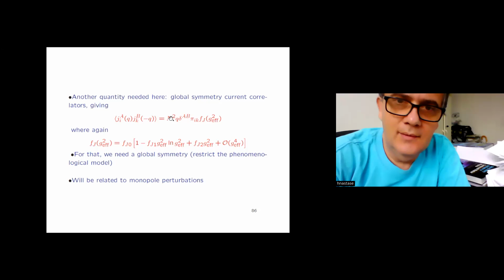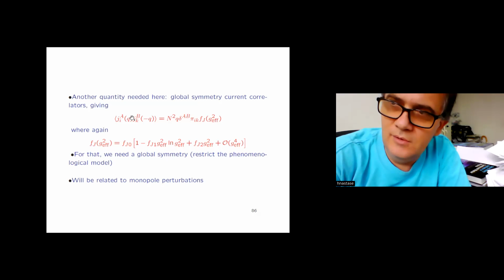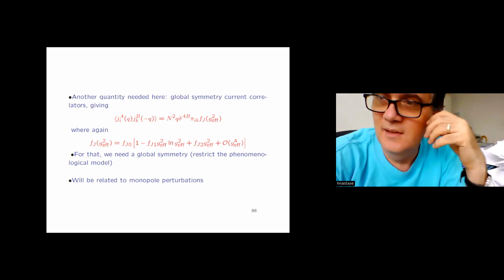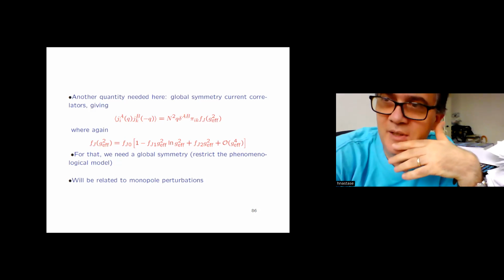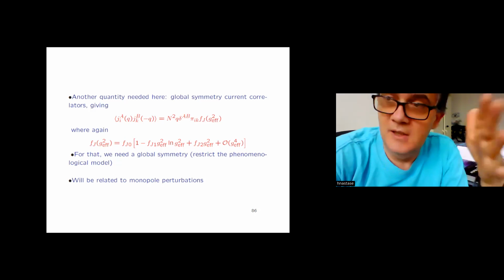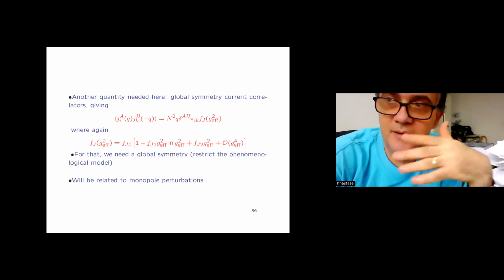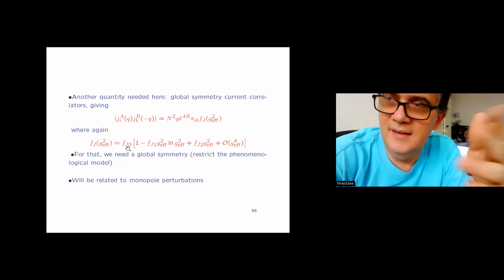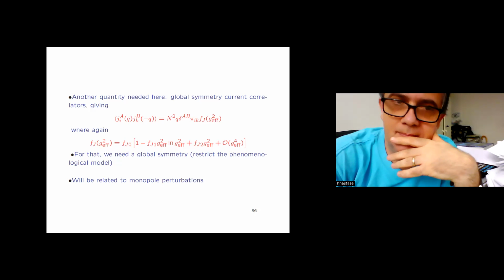But I said global symmetry currents, and the action I took was phenomenological, so it had all possible terms, and it didn't have any particular global symmetry. I need some global symmetry, so I have to restrict the phenomenological model. I have to invent some global symmetry.